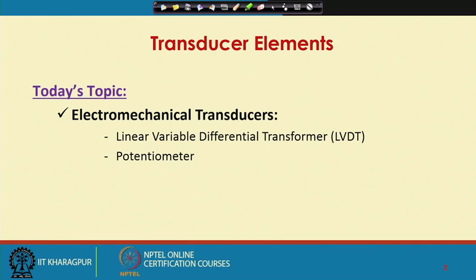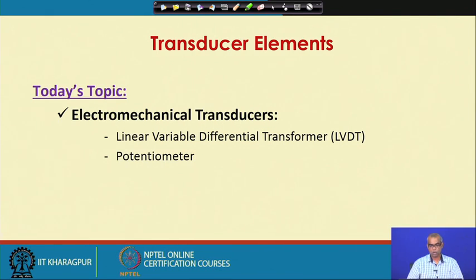Both receive displacement as input and give us an electrical signal as output. So, today's topic is electromechanical transducers: the linear variable differential transformer, or LVDT, and the potentiometer.